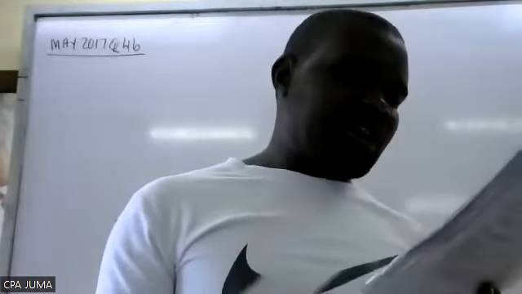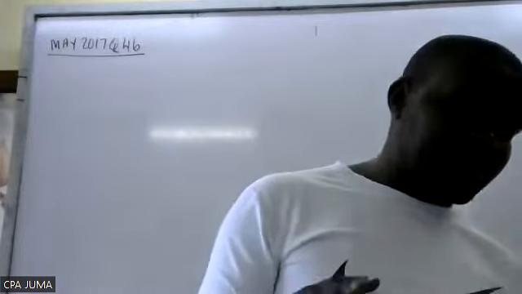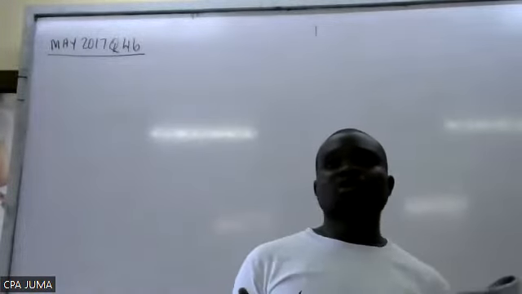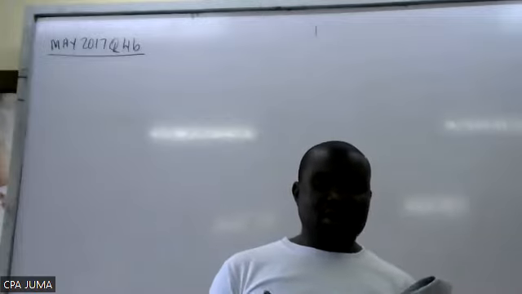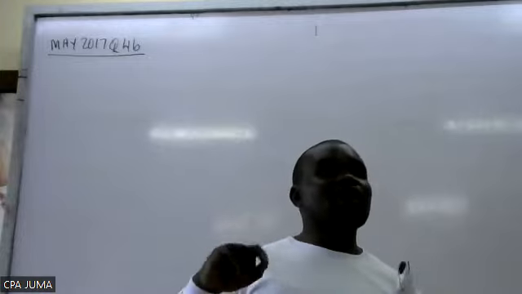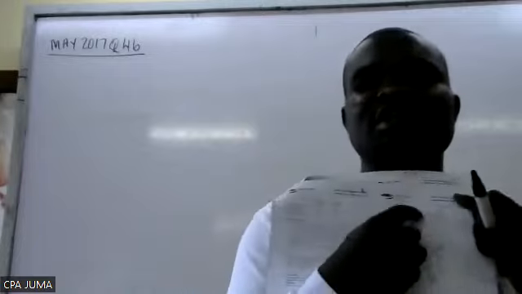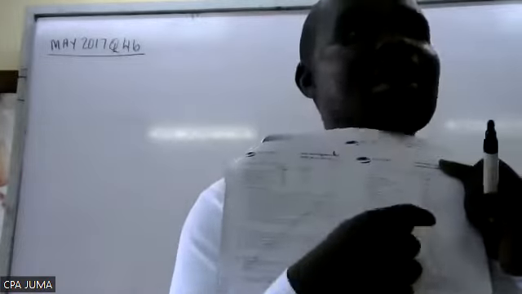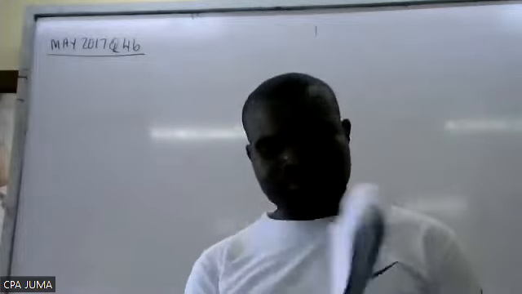Property, plant and equipment, prepayments, interest-bearing loans, financial assets available for sale. Before I go to number 2, there's something I want you to record. Unless otherwise stated, assets are recorded at their carrying amount. So the values in the balance sheet are the carrying amounts, unless we are told otherwise.